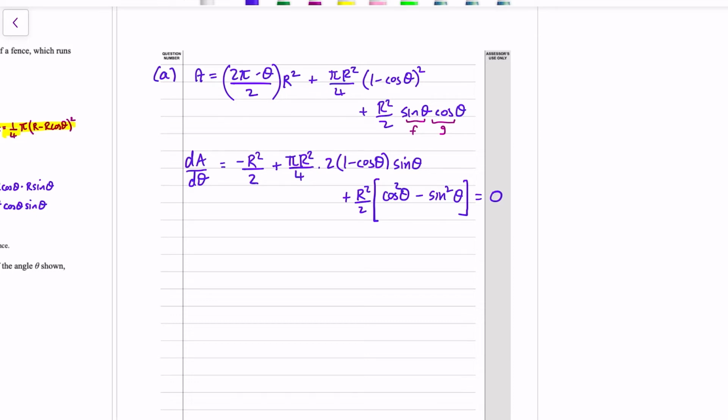Finding the minimum area. Now, because it's an equation, we can times everything through by 2. Actually, 4 would be nicer. Times everything through by 4 and divide everything by r squared.